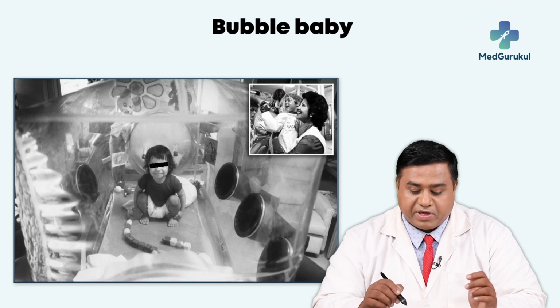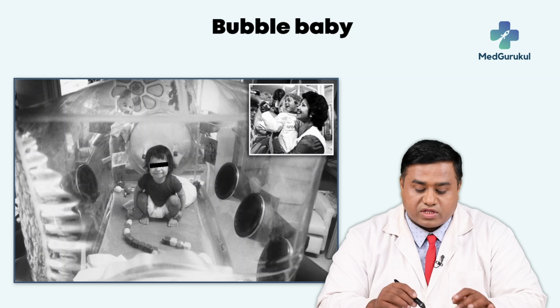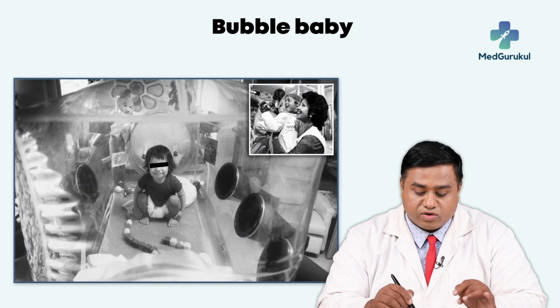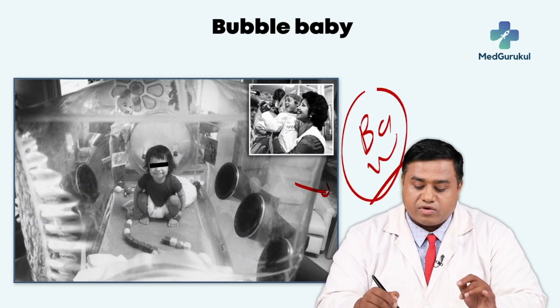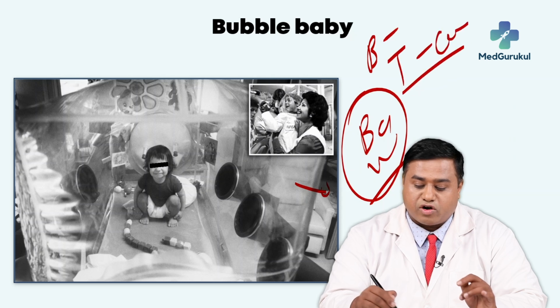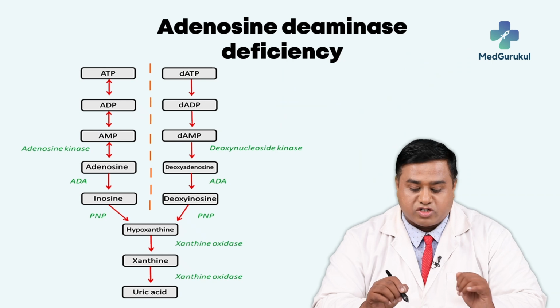This is the bubble baby. They are always kept inside a bubble so that they are not able to interact with the outside environment, because they are not tolerant to any of the bacteria, viruses, fungus, because both B cell and T cell immune systems are lost, hence they are called bubble baby syndrome.